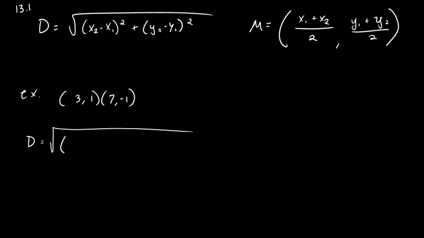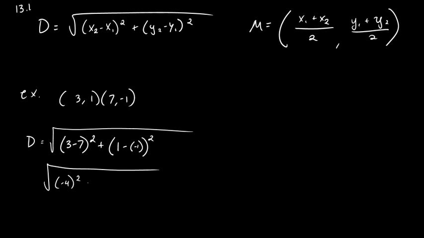So I want to put my x's and subtract them. So I'll just do 3 minus 7 squared plus 1 minus, be very careful with your negative signs, 1 minus negative 1 squared. That gives me the square root of negative 4 squared plus 2 squared, square root of 16 plus 4.